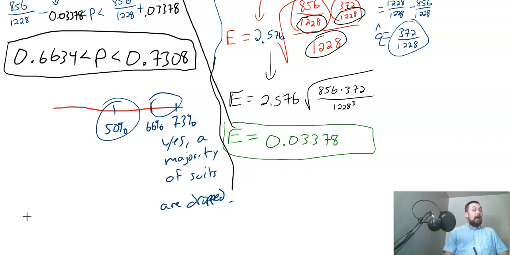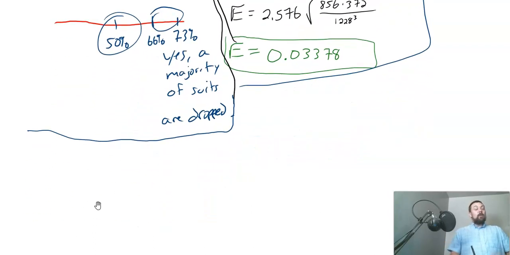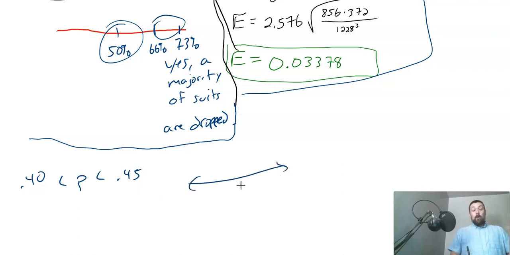But I do want to talk hypothetically here, because you might have a different situation on the homework than what we just encountered. Let's say our confidence interval was between 40% and 45%, so 0.4 and 0.45. Then we could say, no, it does not appear. 50% would be right here.